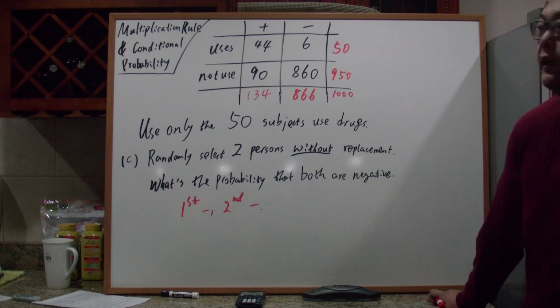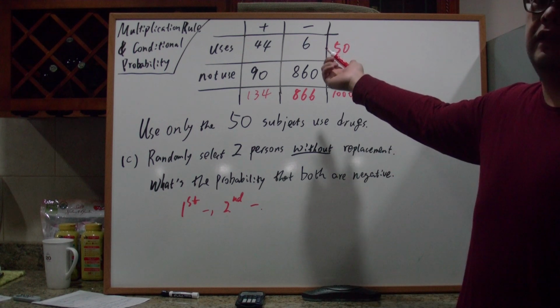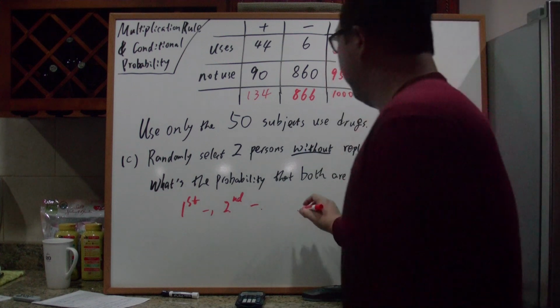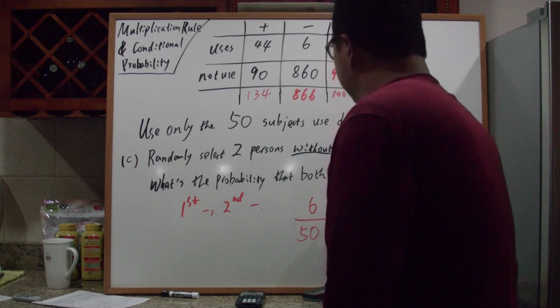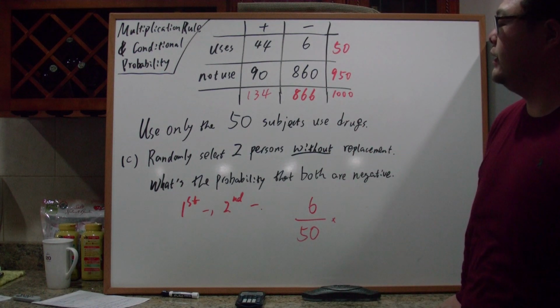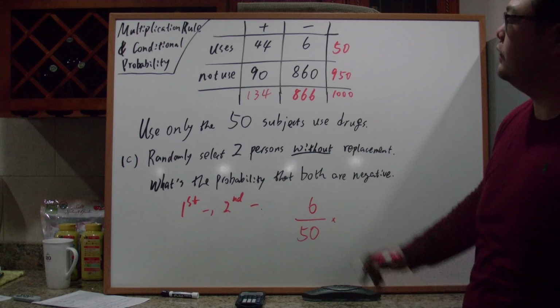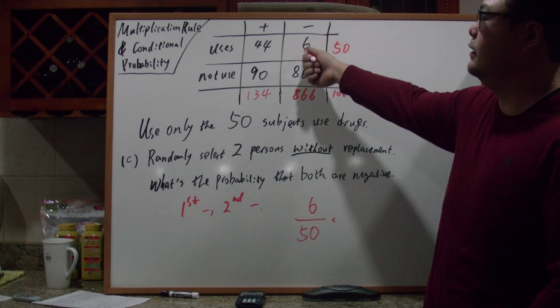That we can get is, well, for the first negative, there are 6 negatives in the pool out of 50. But now, instead of 6, when we select the first one to be negative, only 5 remain, instead of the 6.